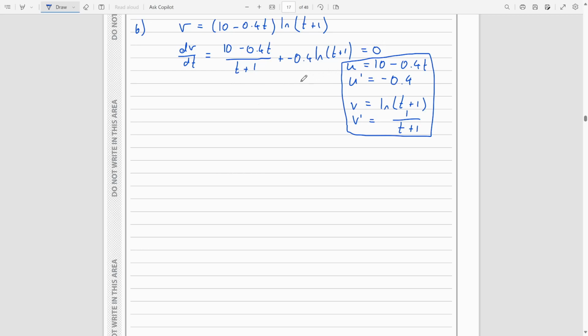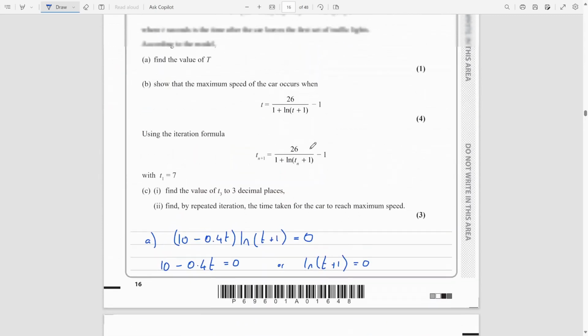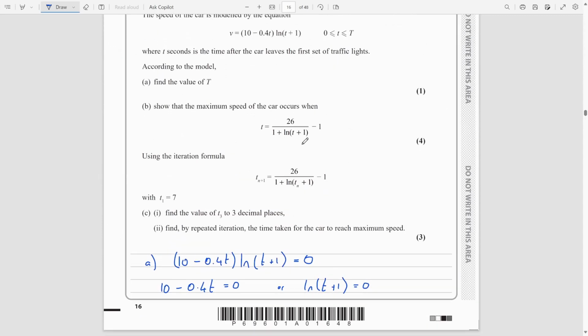Now, this is relatively tricky at this stage to rearrange, but let's try to just neaten things up as best I can. I'll start by just getting that 0.4 ln(t plus 1) over to the other side. Now, looking at where I'm heading, I can see that we've got a 1 plus ln(t plus 1).